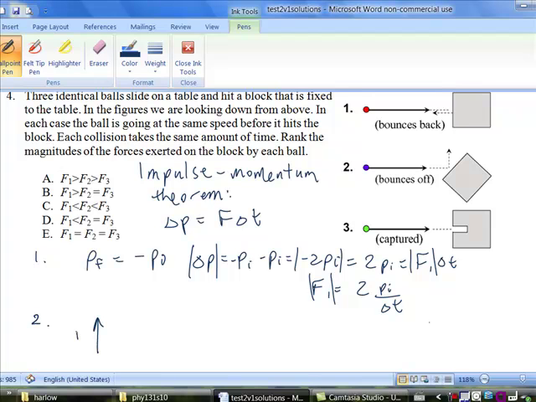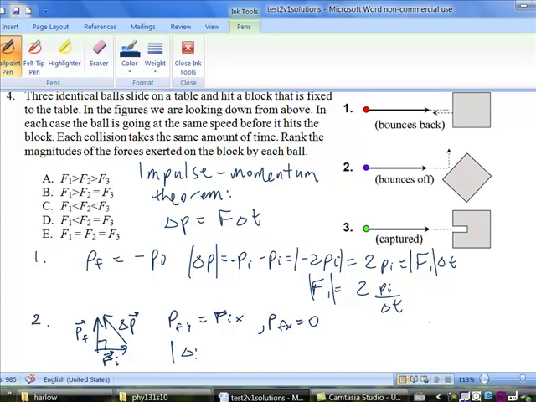You've got P final going upwards and P initial going to the right. So the delta P is going to be the hypotenuse of this triangle. So P final in the y direction is equal to P initial in the x direction, and P final in the x direction is equal to 0.